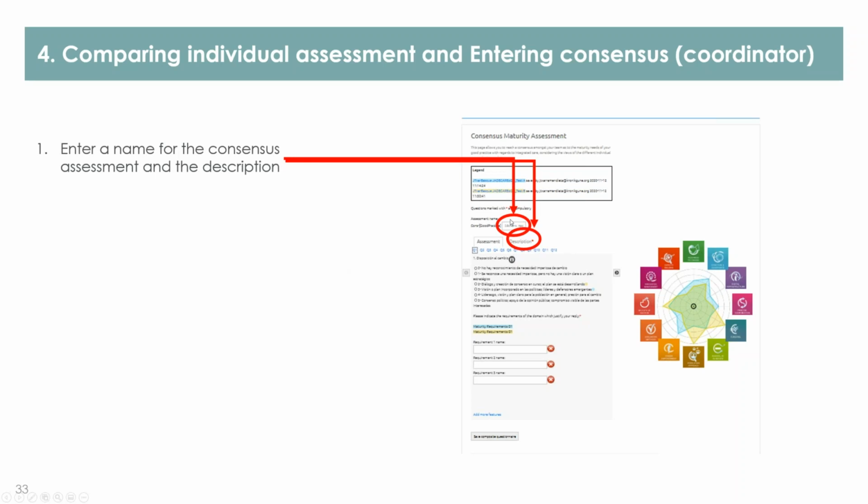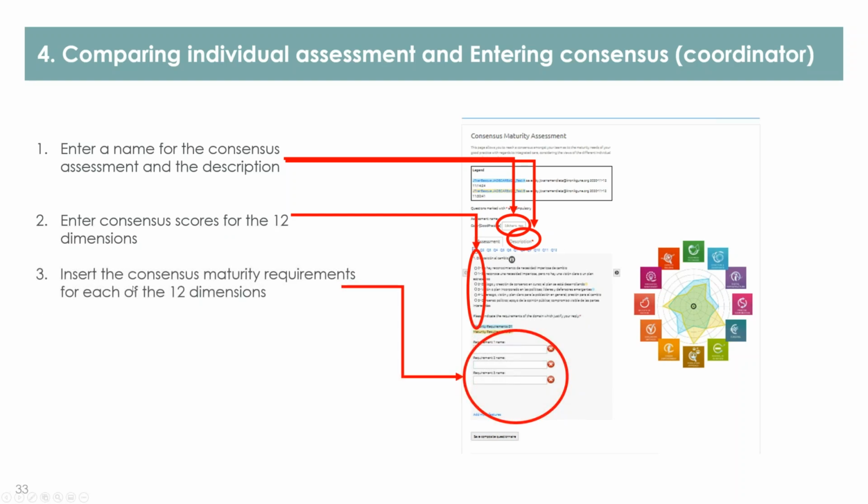So again, enter a name for the consensus assessment and the description. Enter the consensus scores for the 12 dimensions previously agreed with all of the team parts, professionals, and insert the consensus maturity requirements for each of the dimensions.